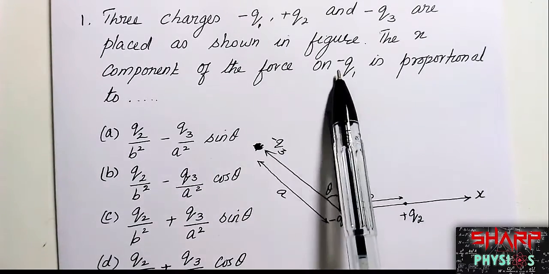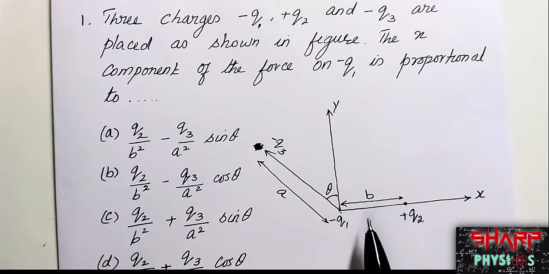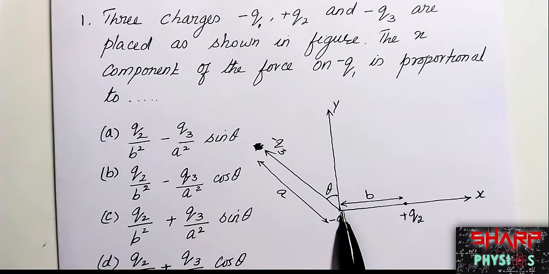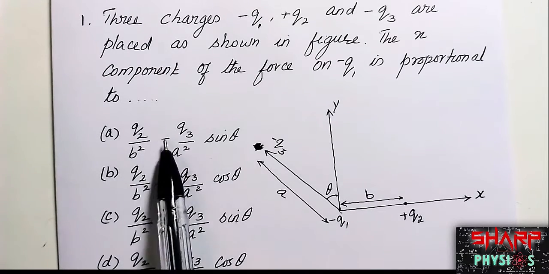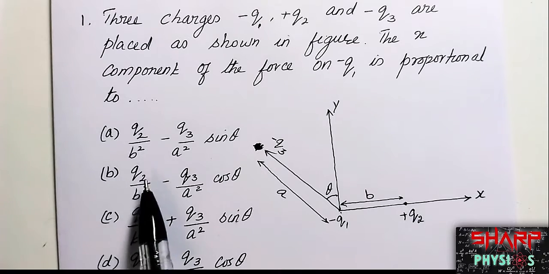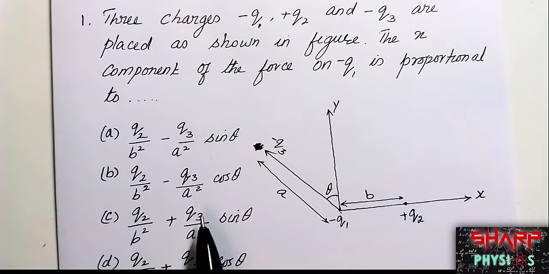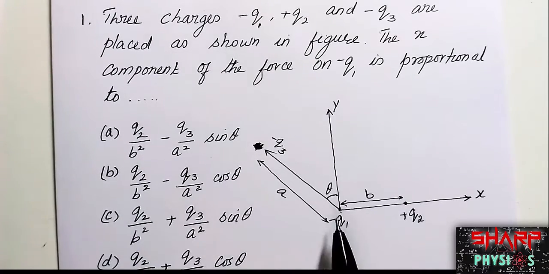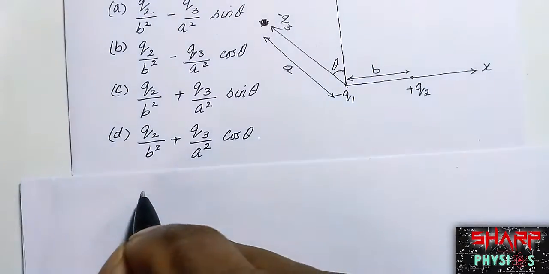The x component of the force on minus Q1 is proportional to what? From the options: Q2 by b square minus Q3 by a square sin theta; Q2 by b square minus Q3 by a square cos theta; Q2 by b square plus Q3 by a square sin theta; Q2 by b square plus Q3 by a square cos theta. There are 4 options. What is the force acting on minus Q1 in the x component? So let's solve this problem.